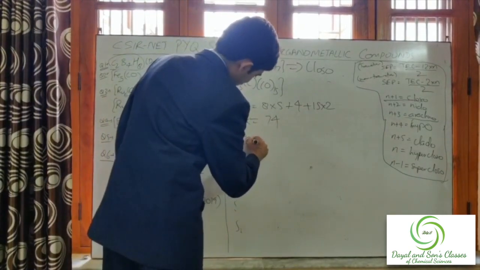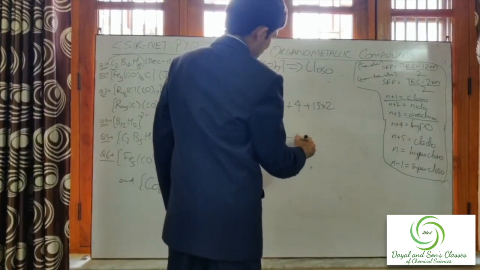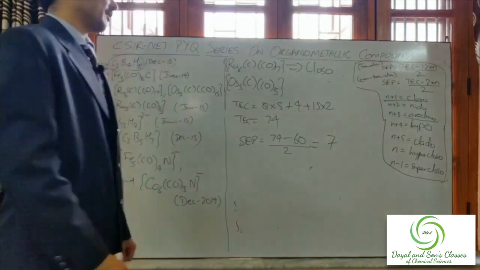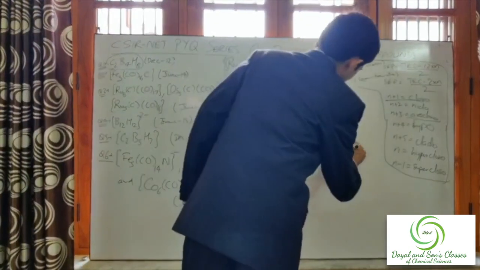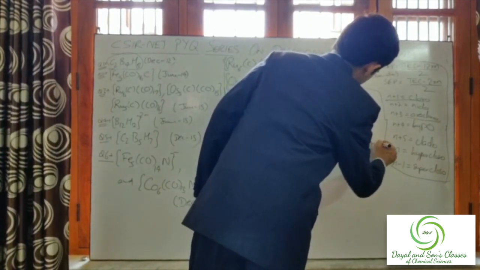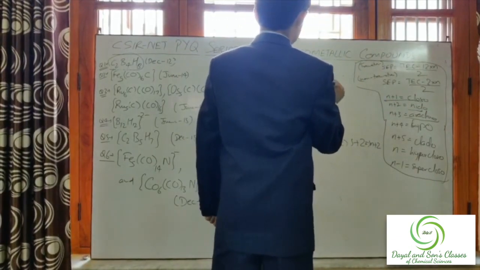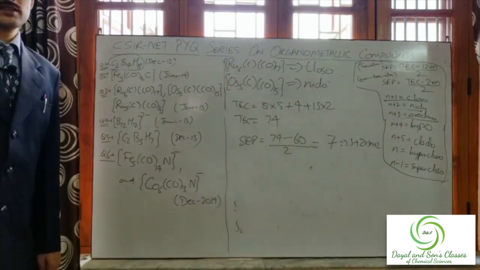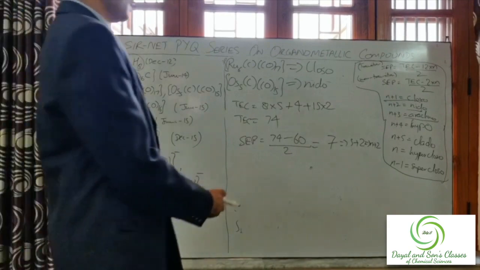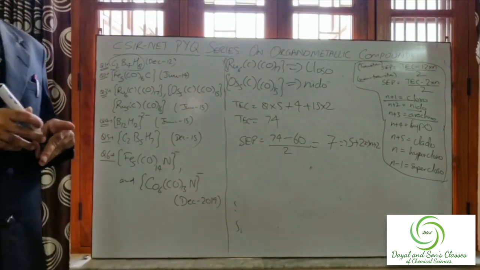SEP will be equal to 74 minus 12 into 5, which is 60, divided by 2, again it will come out to be 7. But here this is equal to 5 plus 2, that is n plus 2, and n plus 2 means Nido. I hope it's clear now.